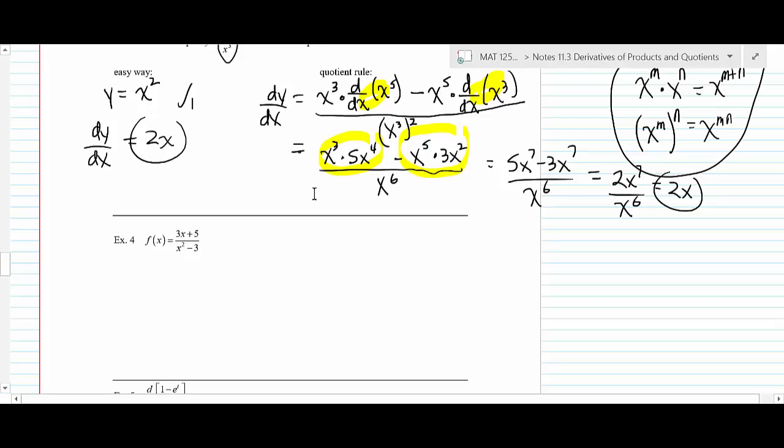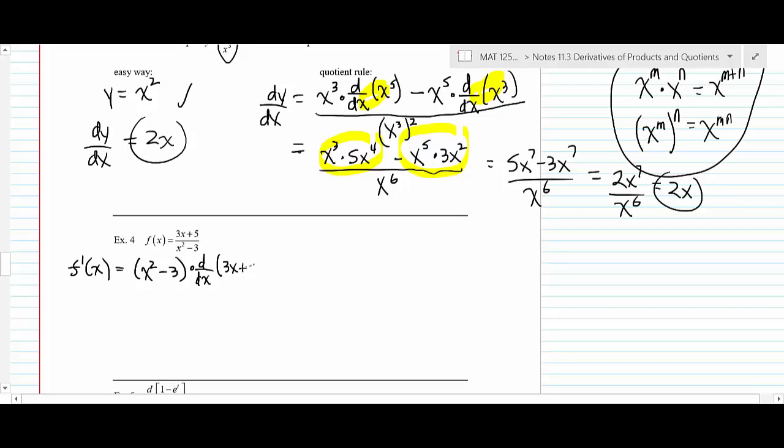Okay, so this one, you have no way to simplify this. Nothing factors, and whenever you have a rational expression, the only way to simplify is factoring, and there's no factoring. So we have to immediately just go to the quotient rule. So we're going to put this in the quotient rule. We'll have the bottom, like that, multiplied by the derivative of the top.